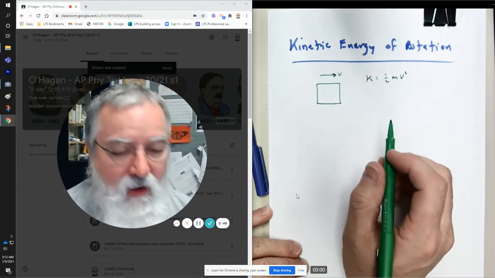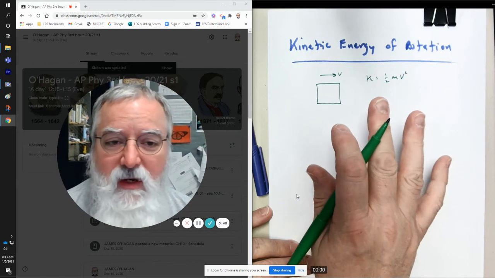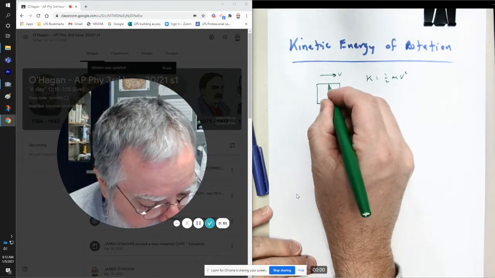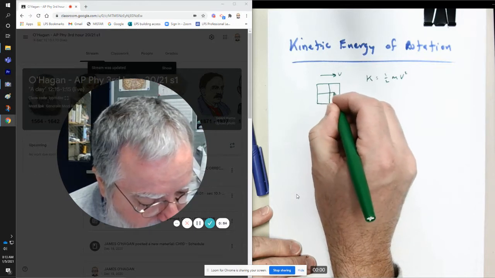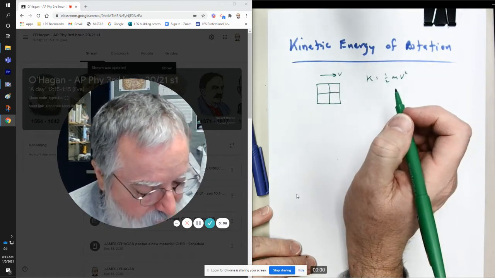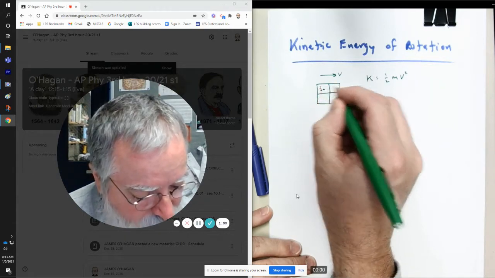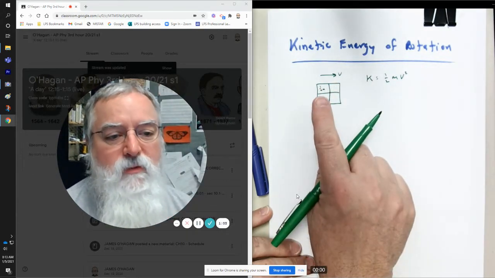Now, if I want the kinetic energy of a system of particles, let's divide this thing up into 4 different pieces, each one with 1/4 m. I know that's really small.